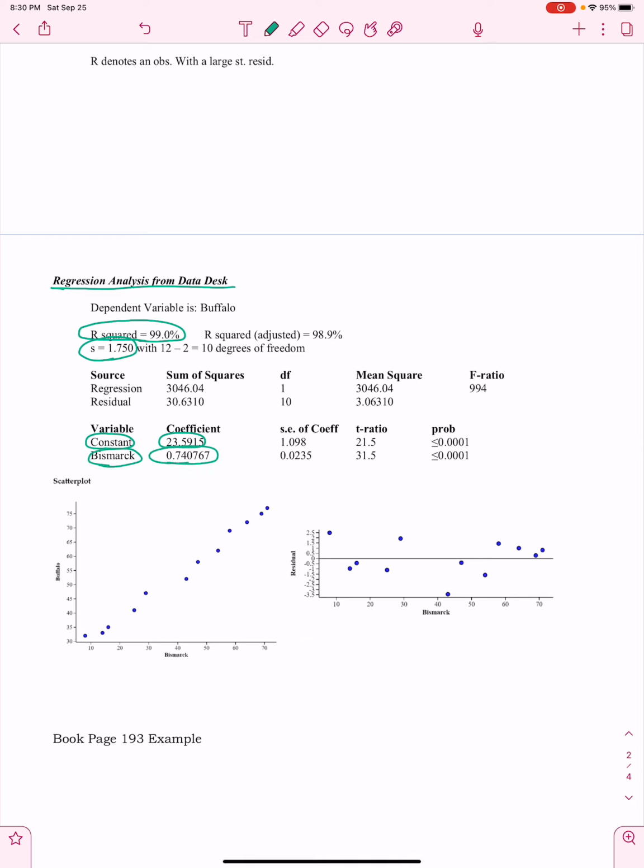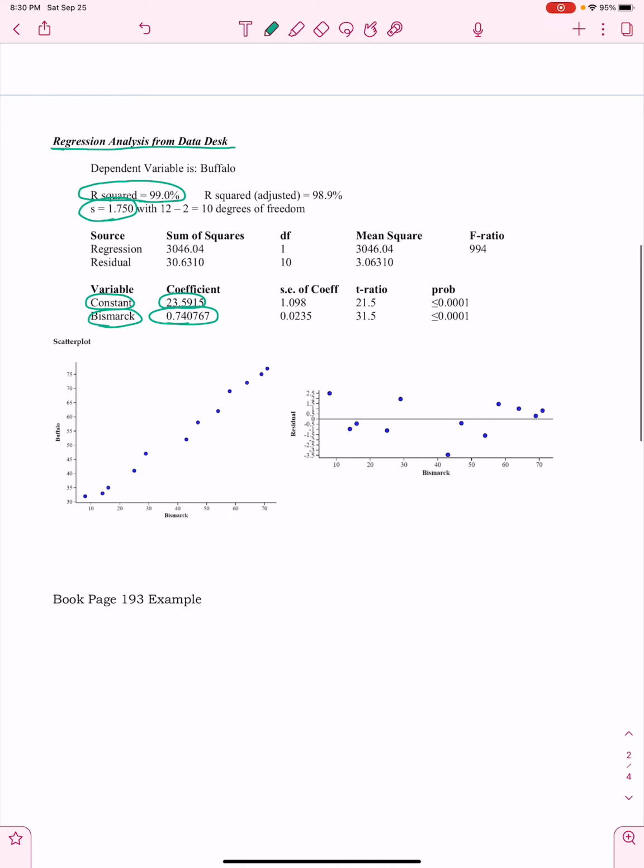But they've also provided you with a scatter plot and your residual plot. So you can answer more questions about the appropriateness of the linear model, etc. Okay, there's also a good example in your book on page 193, and that's a typical example of what you might see on the AP test, because on the AP test they don't give you all this jazz, usually. All right, sometimes they will, but not always.